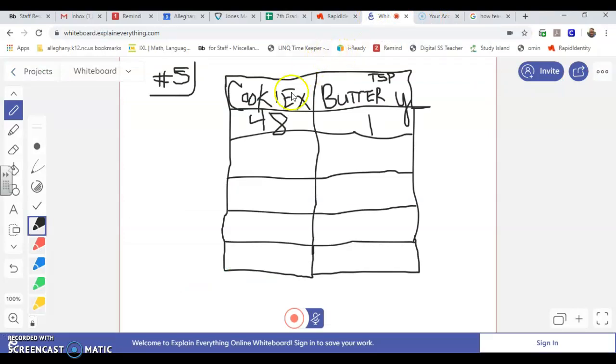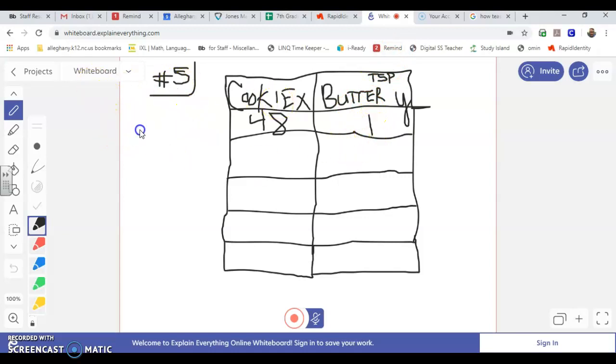Okay, so 48 teaspoons or 48 cookies, 1 cup of butter. So this is not 1 cup of butter. This is 1 teaspoon of butter. This is 1 cup of butter.